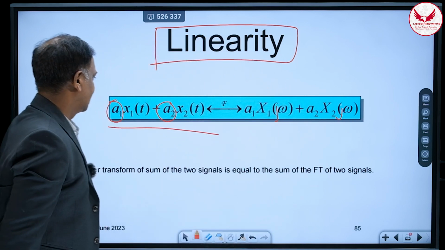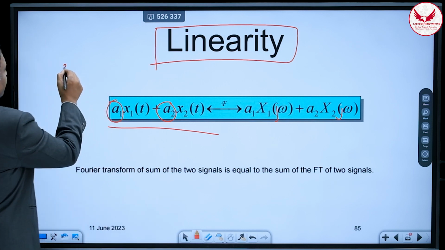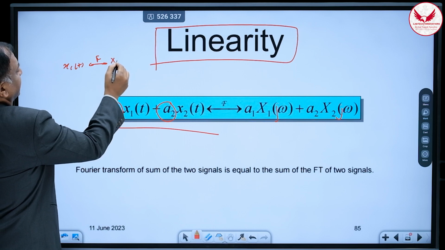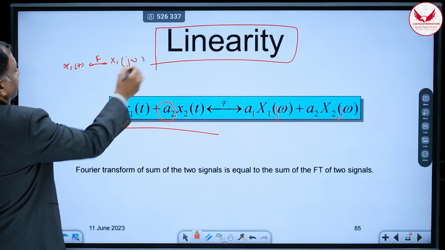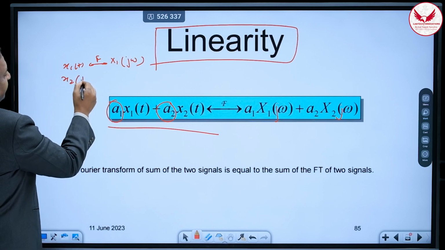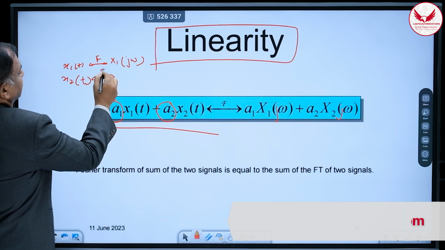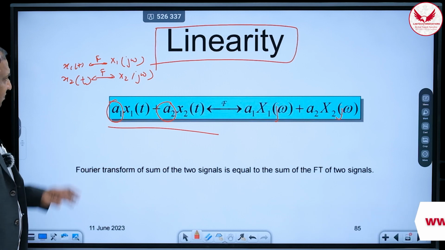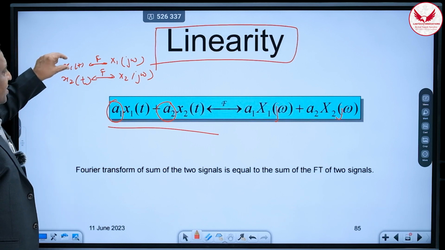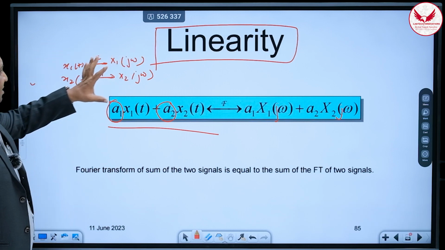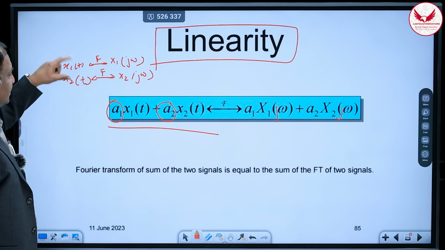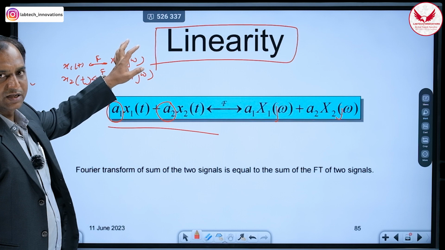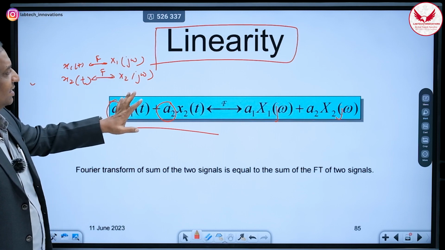It means if I have the signal x1 of t and its Fourier transform is x1 of j omega, and x2 of t has Fourier transform x2 of j omega, then whether you find the Fourier transform separately or combine both signals in the time domain, the Fourier transform is the addition of the Fourier transforms of the individual signals.